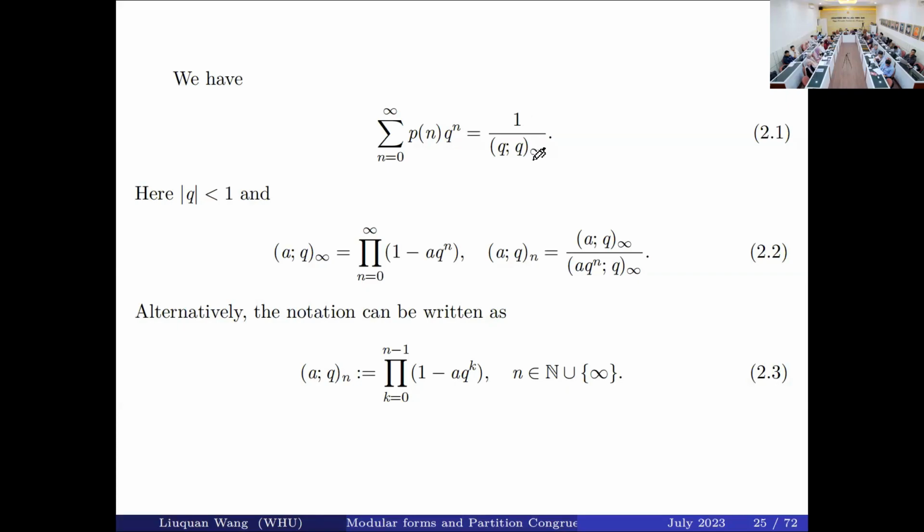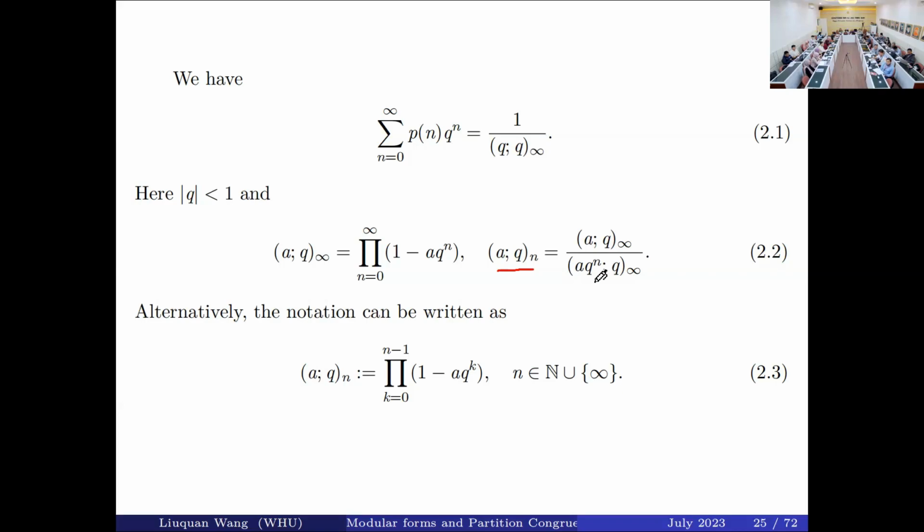which is denoted by 1/(q;q)_∞. Here we are using the q-series notation, which means (a;q)_∞ denotes the infinite product whose first term is 1-a, the second term is 1-aq, then 1-aq², and so on. We can also define the finite product (a;q)_n as (a;q)_∞ divided by (aq^n;q)_∞.